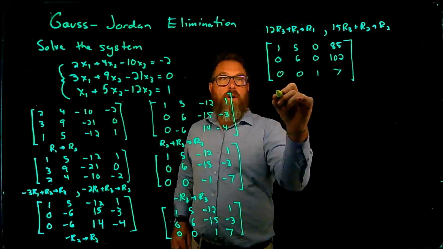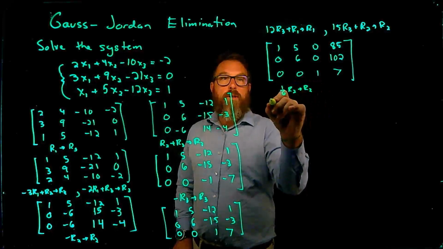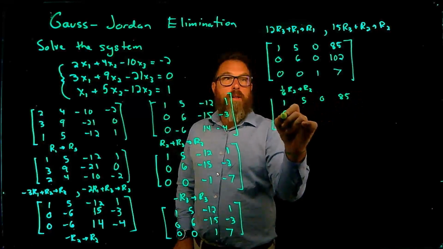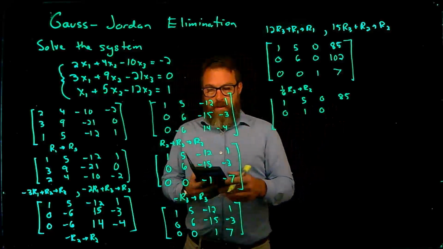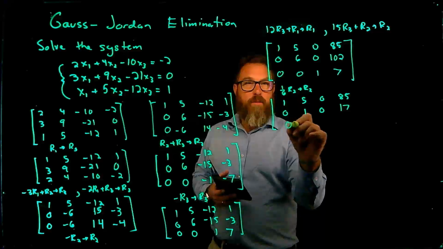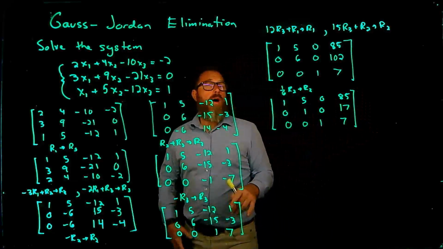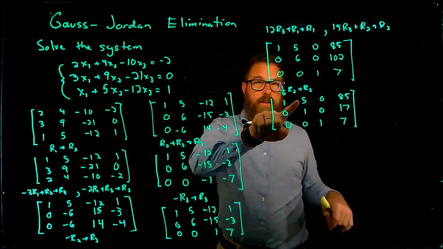So I can go 1, 6, row 2 is going to be my new row 2, and now we're going to get 1, 5, 0, 85. We're going to get 0, 1, 0, I want to say 17. And then I have 0, 0, 1, 7. Okay. Now, we've taken care of this. We're still working this way for the upper right-hand part. I need to get rid of this 5.